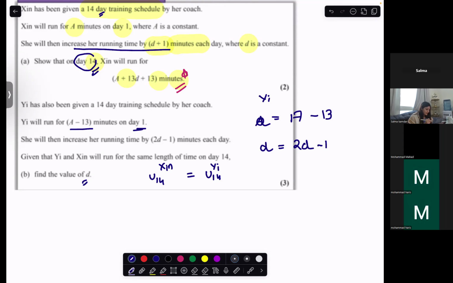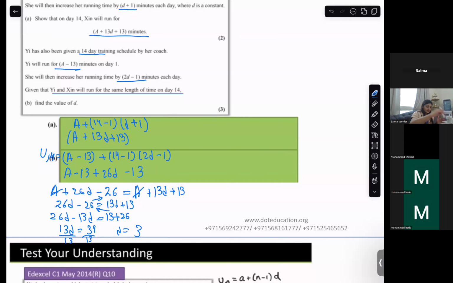I have to find the value of D. Come on, tell me how do I proceed, or should I give you some time? I think we should do it first. Okay, fine. Tell me, what do I do for Yi?